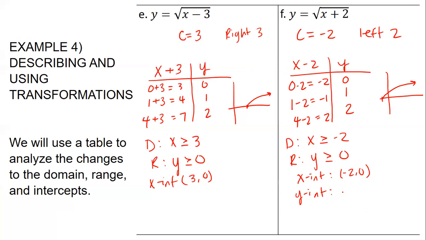So if I plug in 0 to this, I have 0 plus 2. And what does that give me? The square root of 2, right? So my y-intercept is at 0, comma, the square root of 2. That's its exact location. Okay?